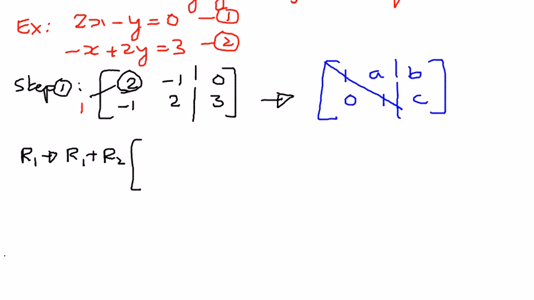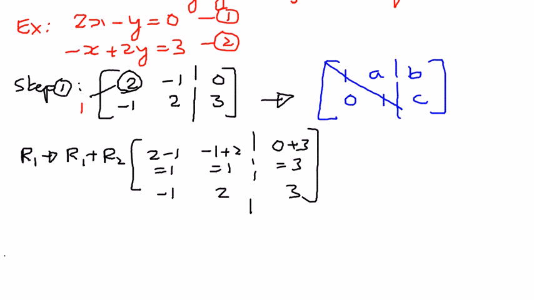If we do that, we should be able to get 1 there. So how do we do that? 2 minus 1 is equal to 1, -1 plus 2 is equal to 1, and 0 plus 3 is equal to 3. That is the first row. The second row is -1, 2, and 3.